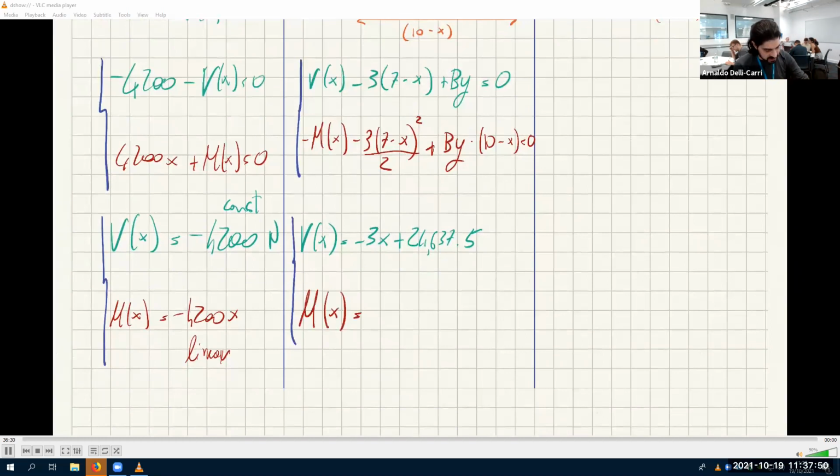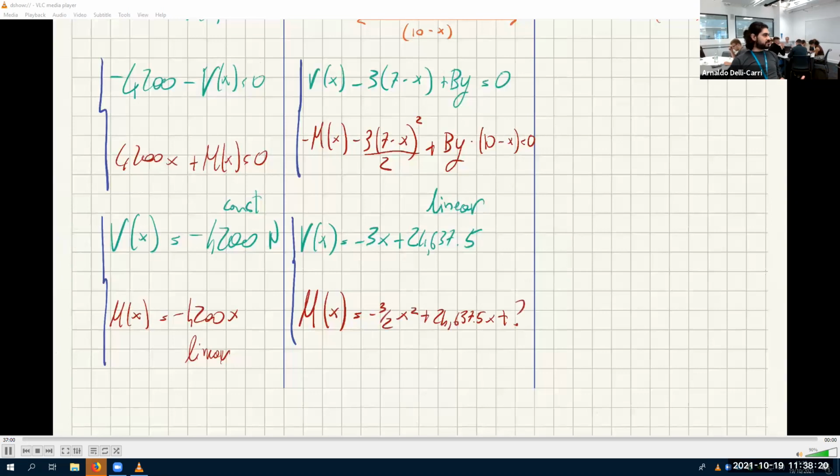And help me out here. Of course, this is the equation of a straight line, so I am expecting that the integration of this gives me a parabolic function. So I'm expecting minus 3/2 x squared plus 24,637.5 x plus something.